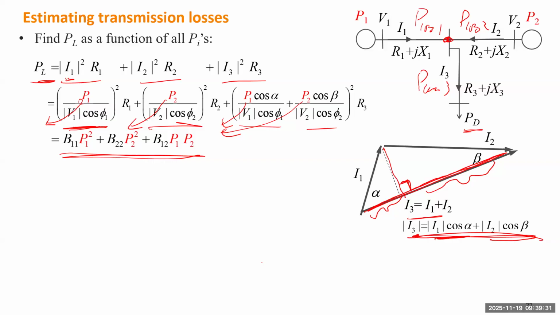B11 indicates the loss depending only on the branch connecting the first generator, right? B22 is the branch connecting the second generator, and B12 relies on the branch from the load to both generators. So it is where the energy can merge from the power plants to the load.